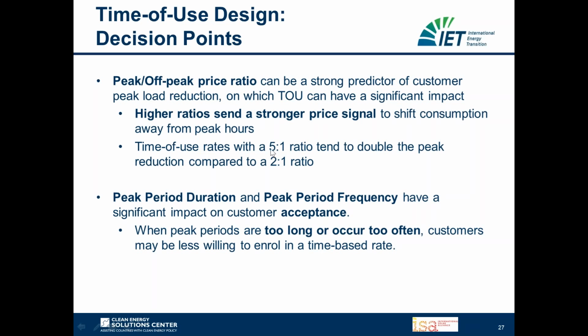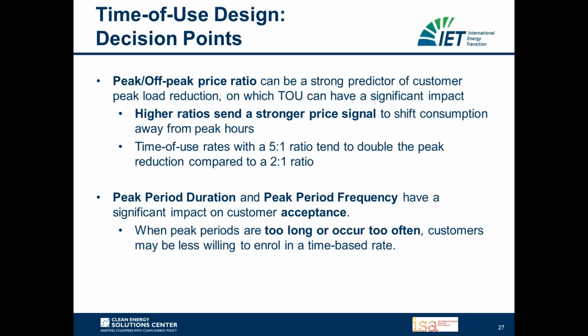For instance, some research in the United States has shown that when you have a ratio of 5 to 1, then you have a much higher incentive for customers to switch off electricity consumption during peaking hours and move towards off-peak hours than when you just have, for instance, a 2 to 1 ratio.